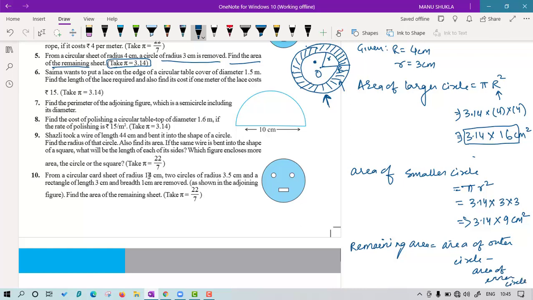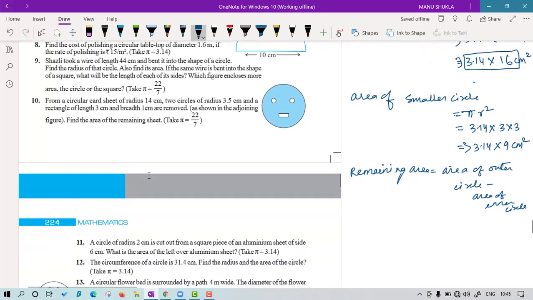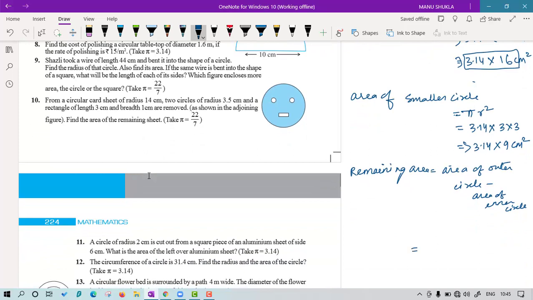Just put the value and you will get your answer. So the outer circle area is 3.14 into 16 centimeter square minus 3.14 into 9 centimeter square.